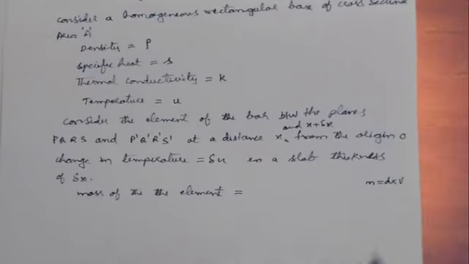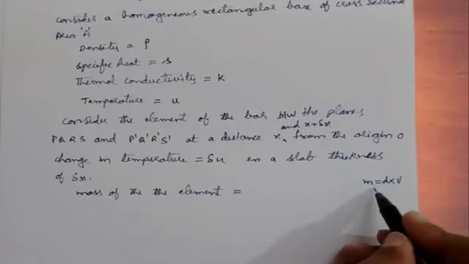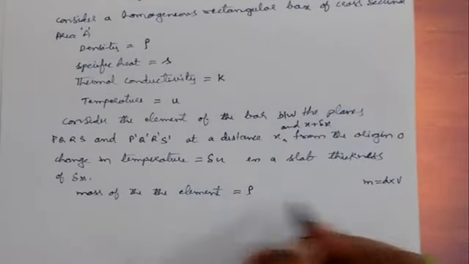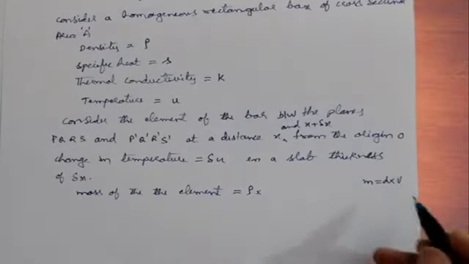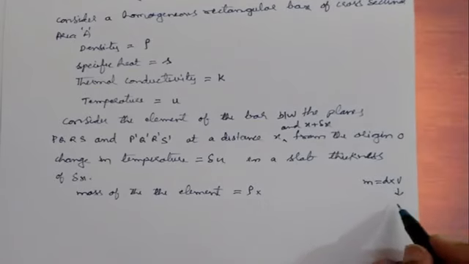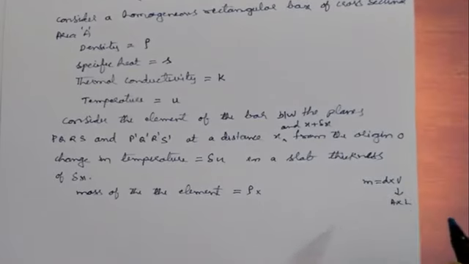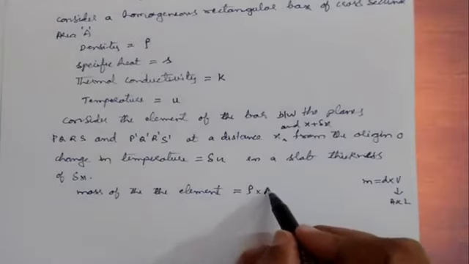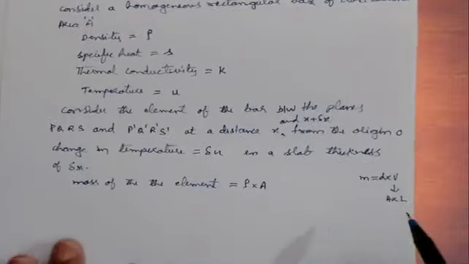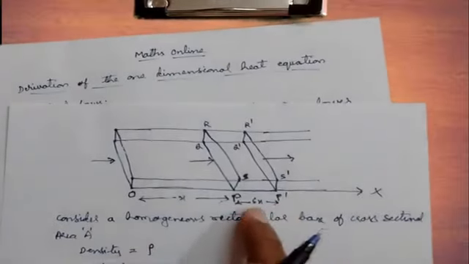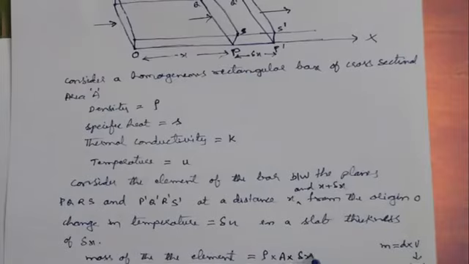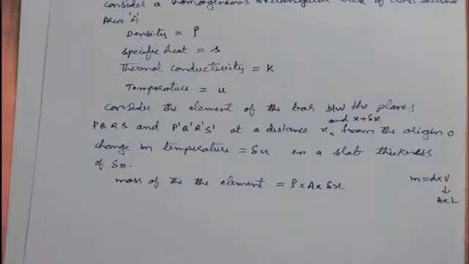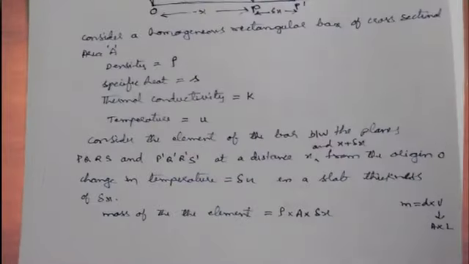So mass m is density rho into volume. Volume represents area into the length. Area we are taking as A. The length that we are considering is delta x. So therefore it is rho A into delta x, that represents the mass of the element.